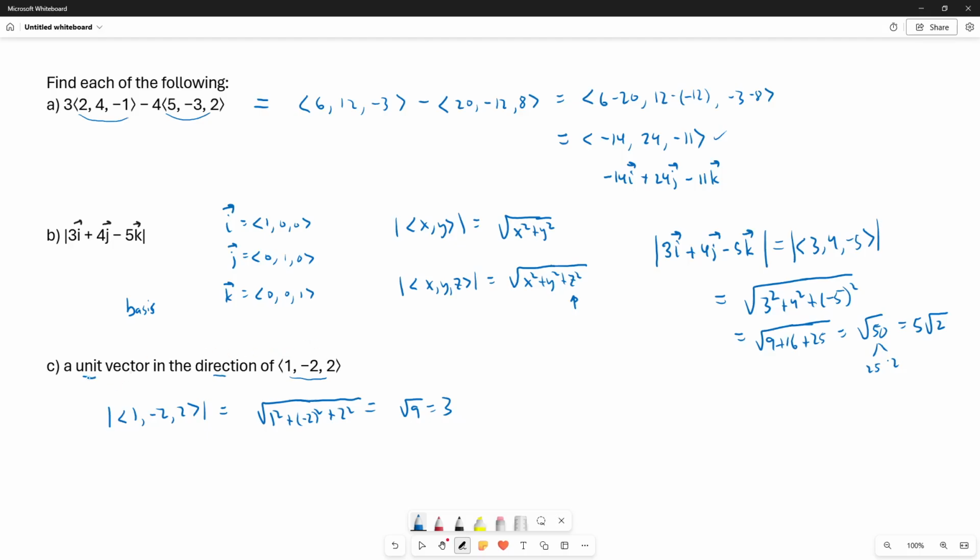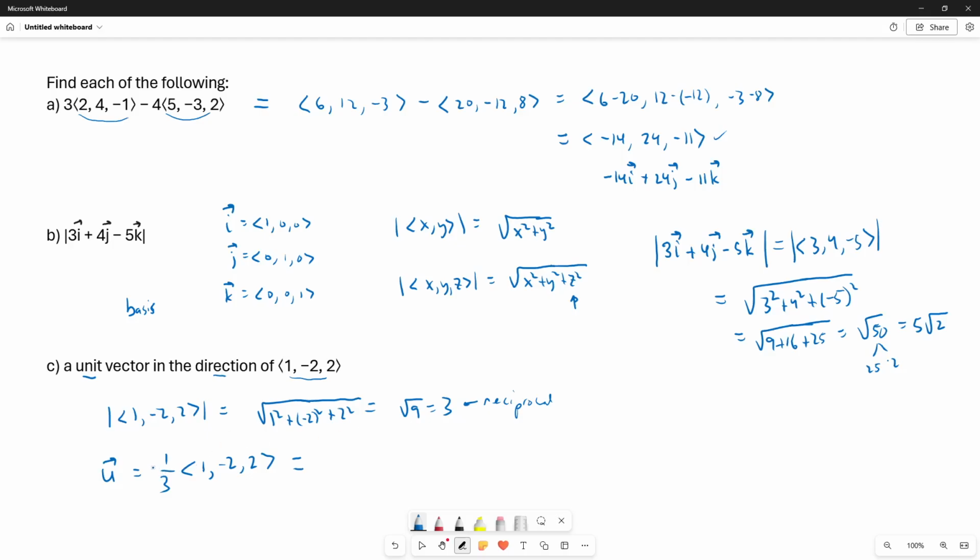So to find a unit vector in the same direction, we will simply rescale this vector by 1/3. We'll take the reciprocal, and that is 1/3. So our unit vector is going to be 1/3 times the original vector. This will now have a magnitude of 1. And since this constant is positive, it will point in the same direction as the original vector.